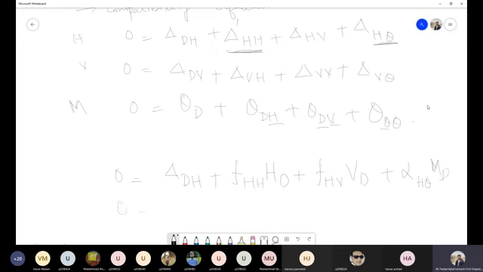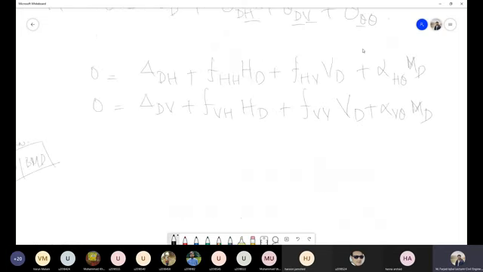The second equation will be delta DV plus FVH into HD, because it is due to the horizontal load acting at point D. This one is due to the vertical load, so it will be vertical flexibility FVV into VD, and this one is due to the rotation, so it will have again angular flexibility V theta into MD.